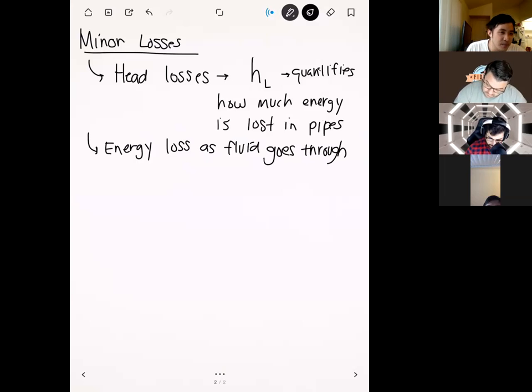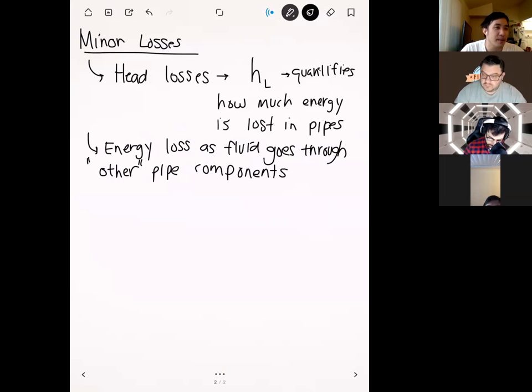A lot of times, even though it's called minor losses, you might have minor losses that are really, really big in value. I put "other" in quotation marks here because it really is everything except for a straight section of pipe; there's going to be some energy loss associated with it, and we call those things minor losses.